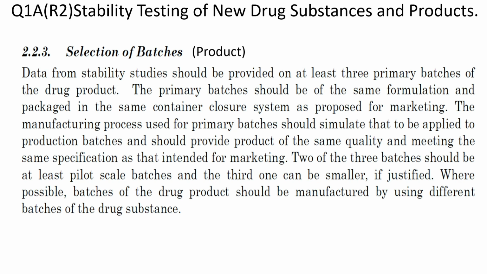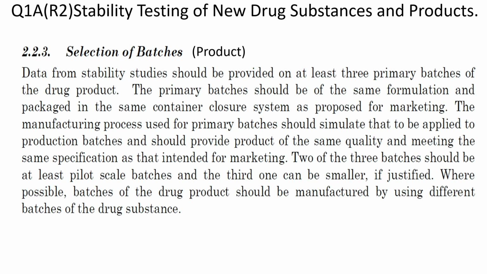So the manufacturing process and even packing components should be the same as those for which you did the stability study. The manufacturing process used for the primary batches should simulate that to be applied to production batches and should provide product of the same quality and meeting the same specification as that intended for marketing.